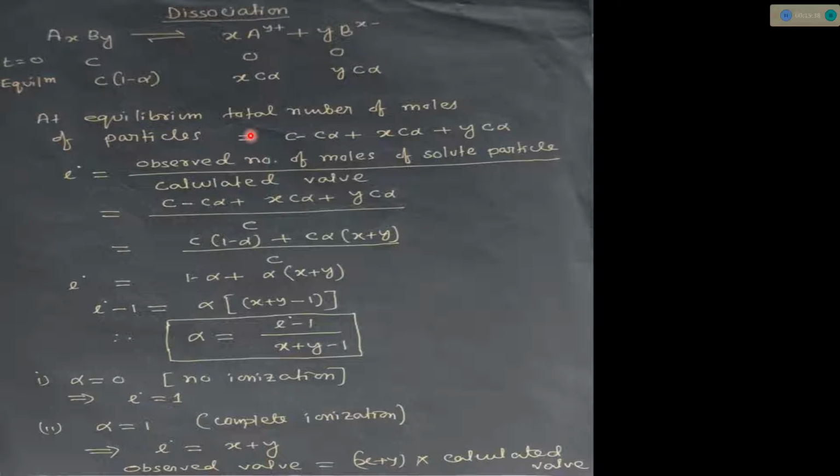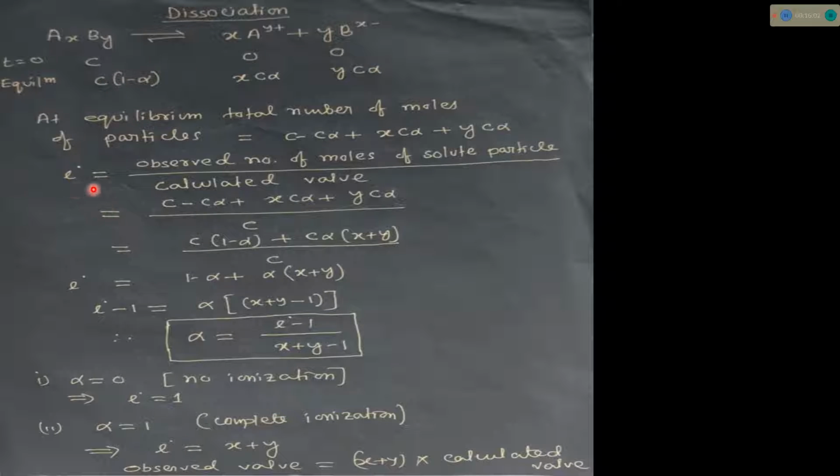So at equilibrium, the total number of moles of particles is C minus C alpha plus x C alpha plus y C alpha. Now these are the total mole numbers. Initially it was only C. Now in the observed case, meaning the real case, these are the total mole numbers.